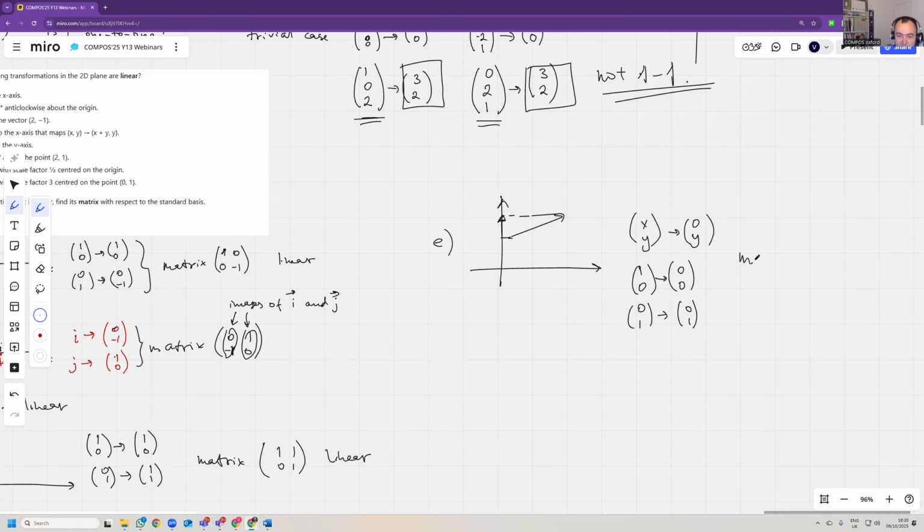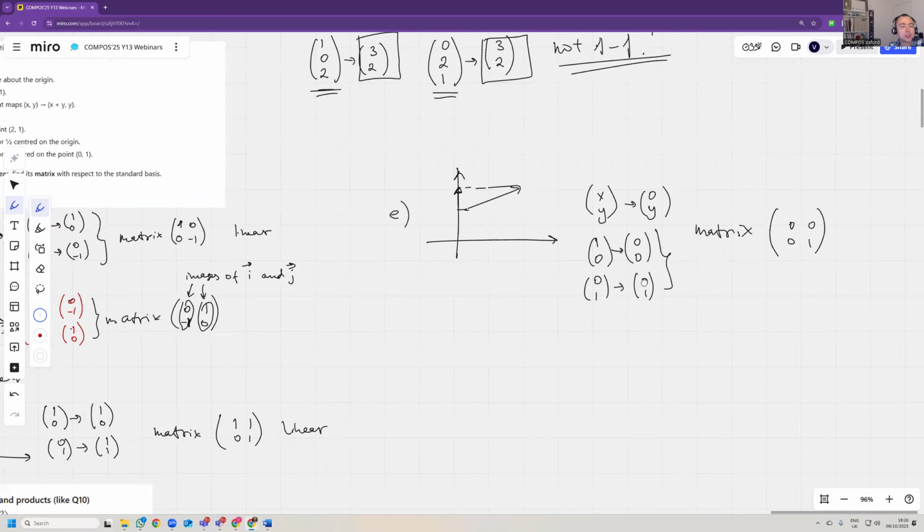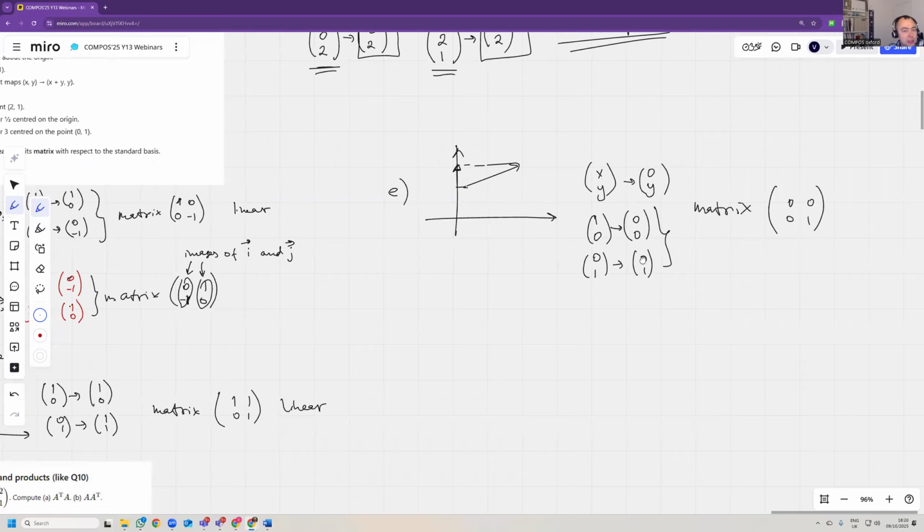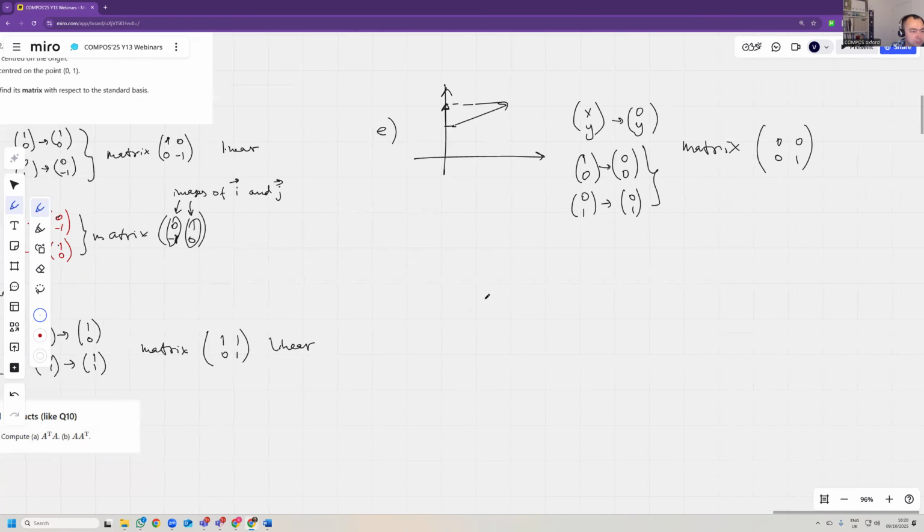So the matrix is going to be [0, 0; 0, 1], and it is a linear transformation. However, it's a singular matrix.